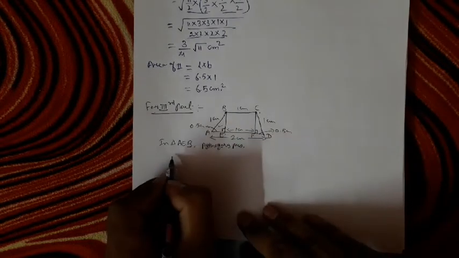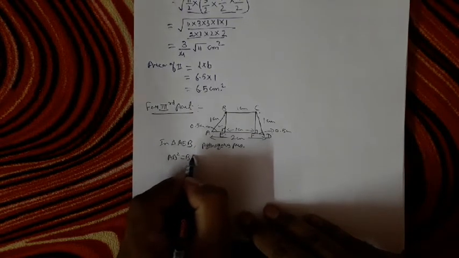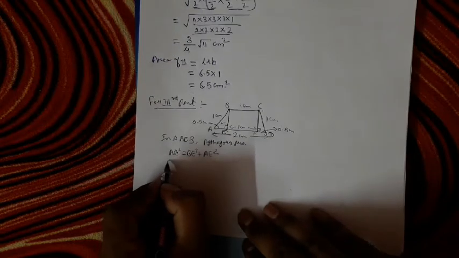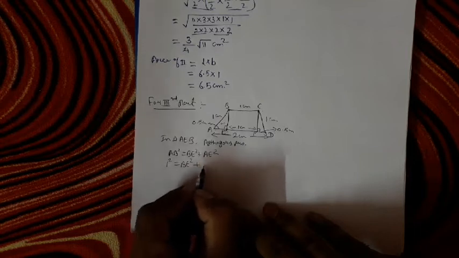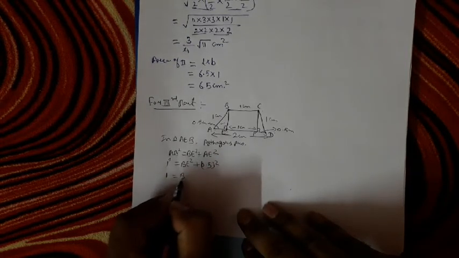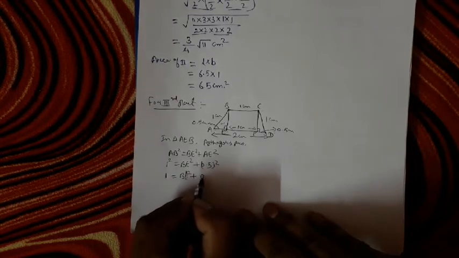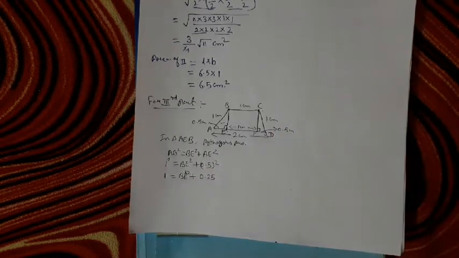So the hypotenuse gives AB square, the perpendicular gives BE square, and the base gives AE square. So AB is 1 square, BE we have to find, and AE is 0.5 square. 1 square is 1, and 0.5 square becomes 0.25.